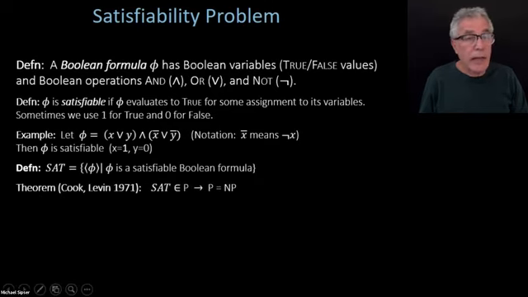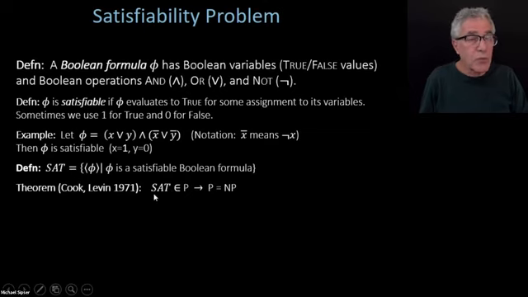And there was an amazing theorem which really got this whole subject going, discovered independently by Steve Cook in North America and Leonid Levin in the former Soviet Union, almost exactly at the same time, which made a connection between this one problem and all of the problems in NP.